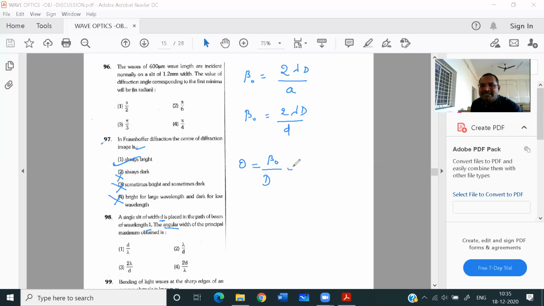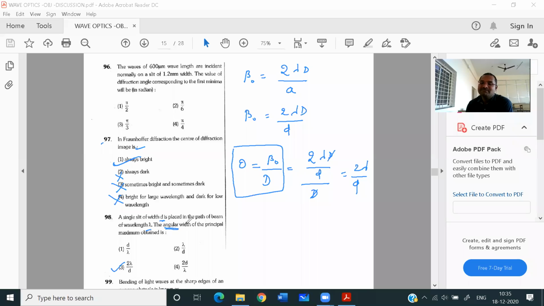Do you remember this? In Young's double slit experiment I have explained this one. That means 2 lambda capital D by small d, upon capital D. Capital D cancels. You will get 2 lambda by small d. Option 3 is the right answer. Got it, students? You need to remember this.